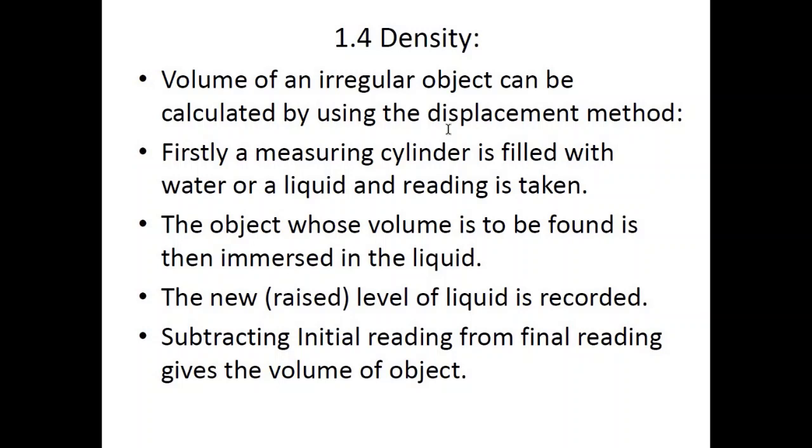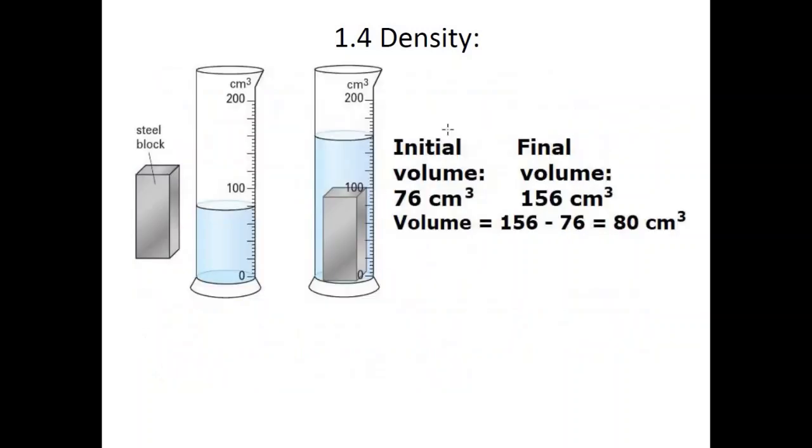Obviously when you put something in a liquid, its level rises, and the new reading, the final reading after the water or the liquid has risen up, is taken, and by subtracting the initial reading from the final reading, we get the volume of that specific irregular shaped object.